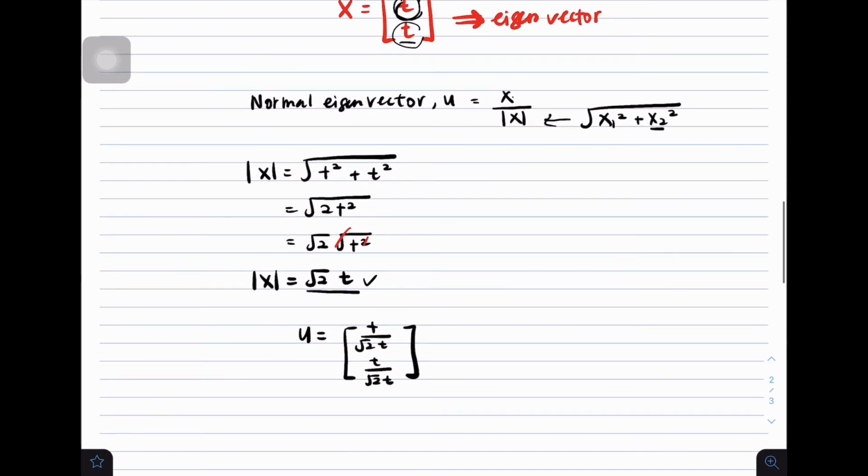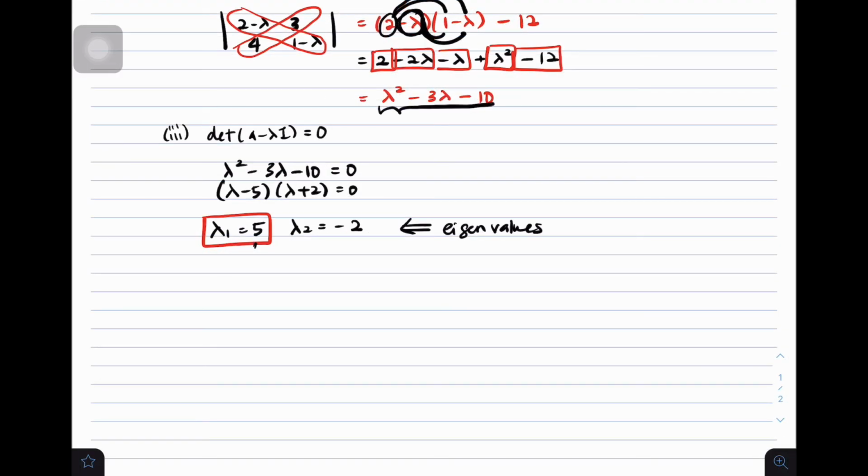Okay, so now you can see that t and t can be cancelled out. Therefore, your u will become 1 over root 2 and 1 over root 2 as well. So this one is called the normal eigenvector.